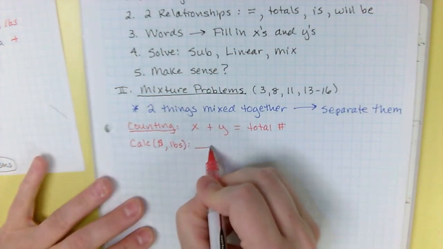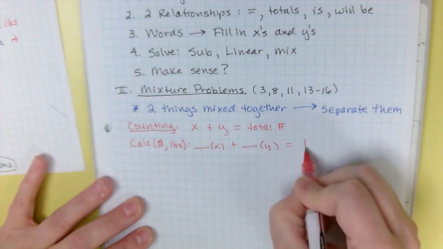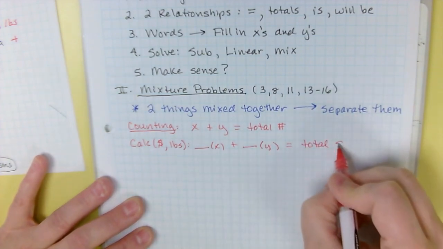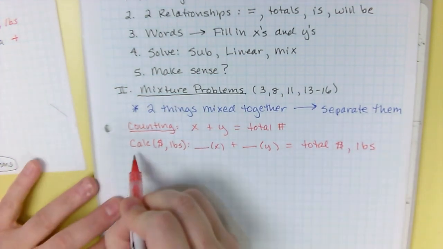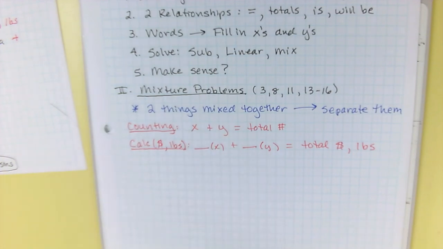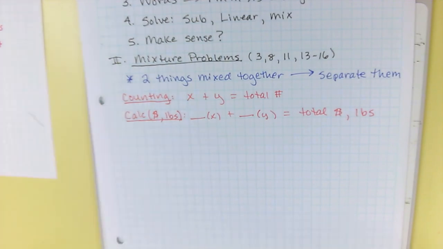So you're going to have something times X plus something times Y equals total dollars or total pounds. And that's the one that's a little more challenging to put together, but 90% of the mixture problems you're going to see in an Algebra 1 class are going to follow this pattern exactly.